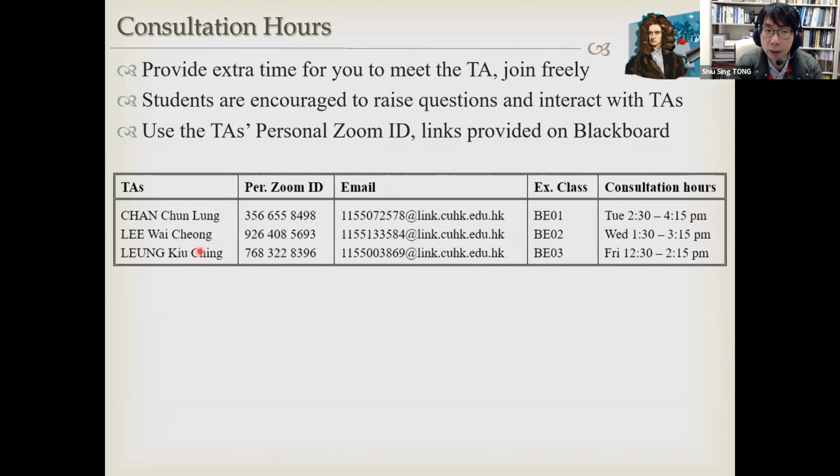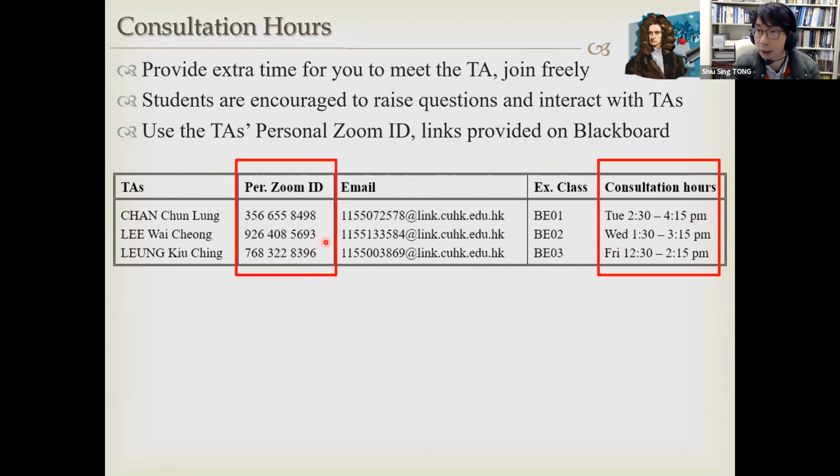If you want to find Wai Chang, you should go on Wednesday. To find them, you log in to Zoom with your university login, and find them by their personal Zoom ID. They will open a Zoom session at the time of the consultation hour, so you can easily find them. These are the important things.